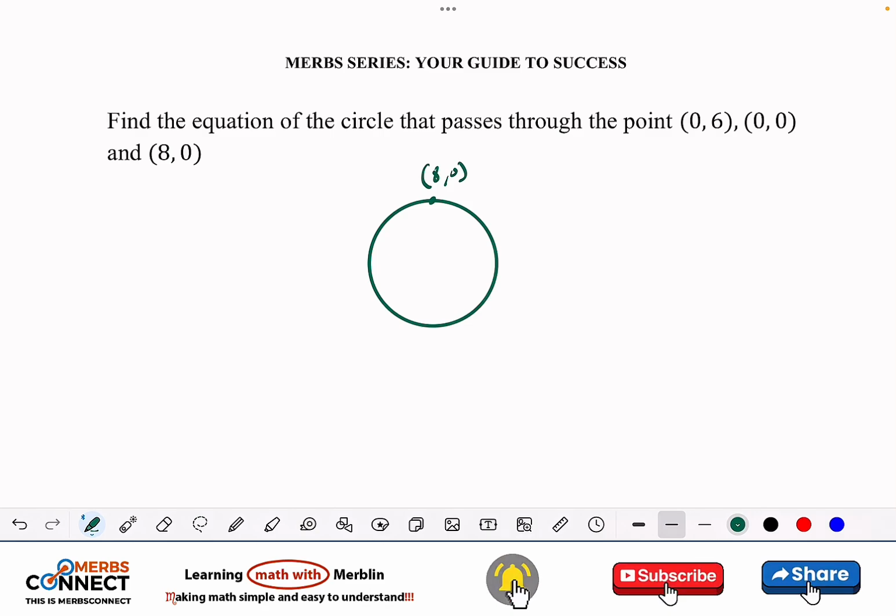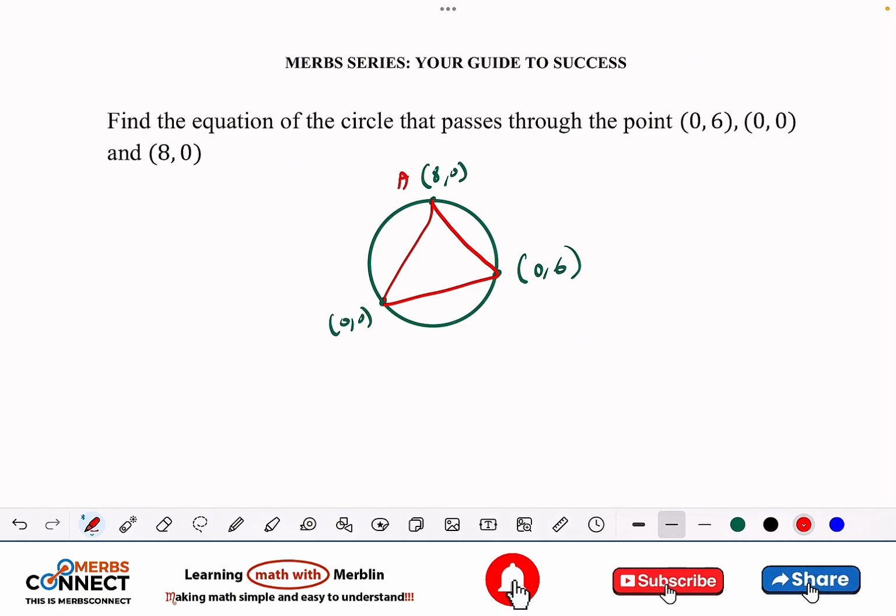Let me say that point is 0, 0. You have another point here which is 0, 6. So we have 3 points on the circle. Let me assume that this is A, this is B, and let me call this one my C.